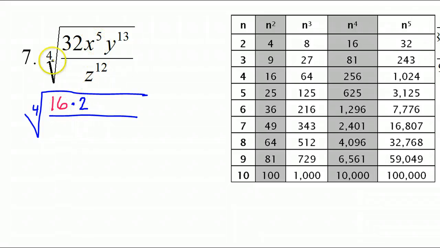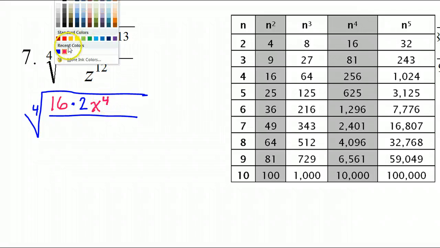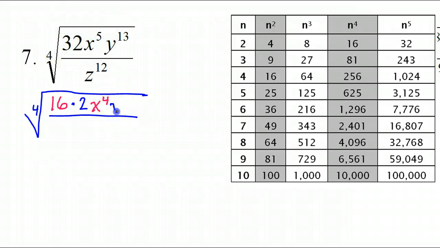Now, x to the 5th power. For the variables, I want the exponents to be divisible by 4. 5 is not divisible by 4, but I can rewrite x to the 5th power as x to the 4th power times x. Together, that makes the fifth power. The fourth power is divisible by 4, so I wrote it in pink.